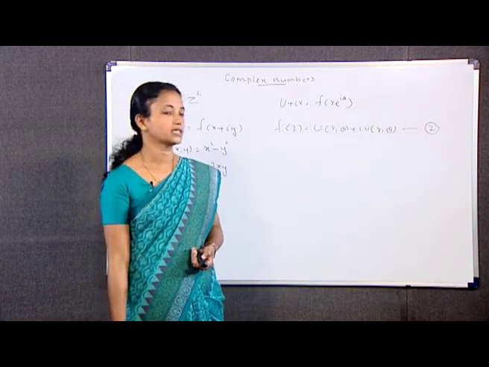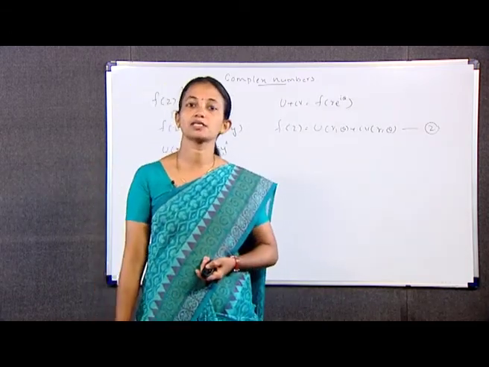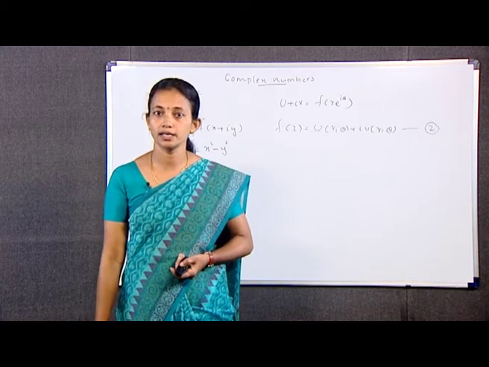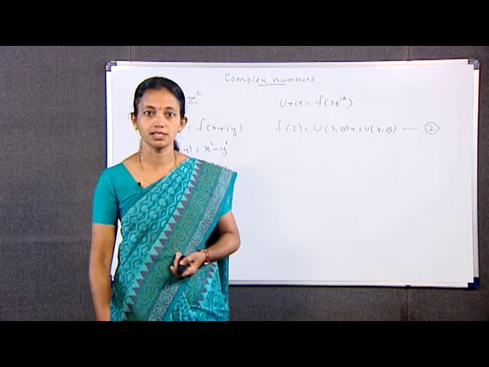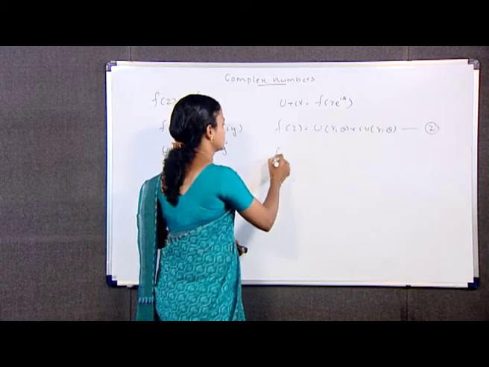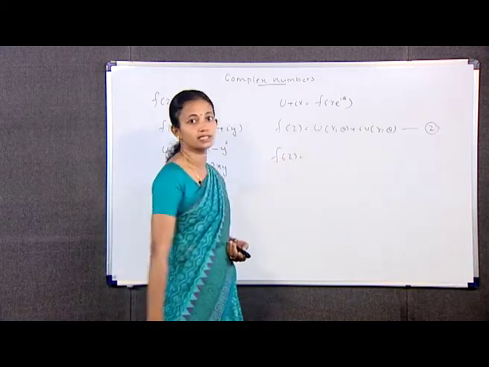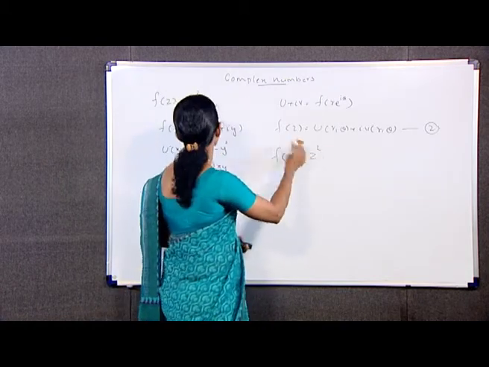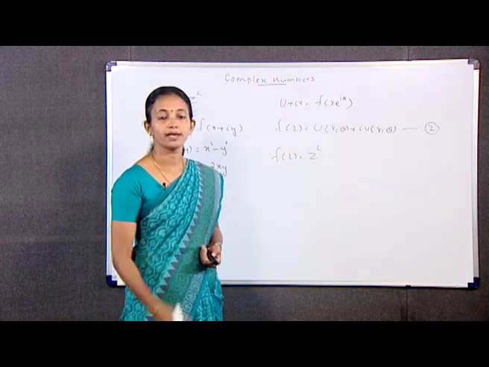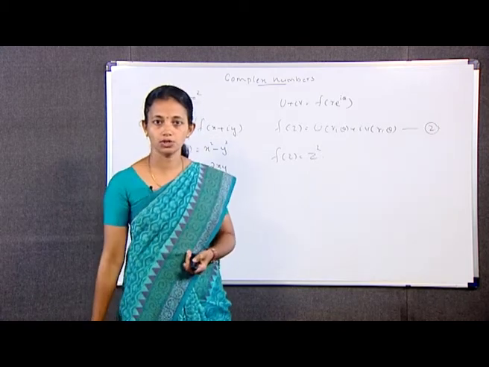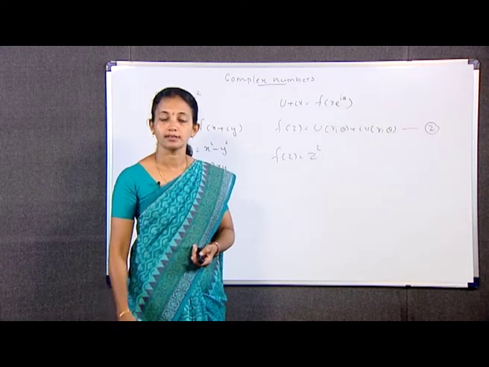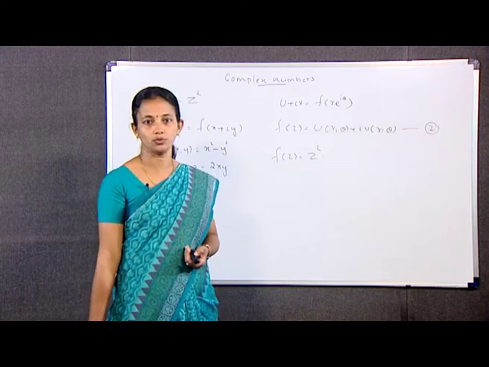Next we have an example. If f(z) is equal to z square, then taking z is equal to r e raised to i theta, I can write f(z) is equal to f of r e raised to i theta, that is (r e raised to i theta) whole square, that is r square into e raised to i 2 theta.